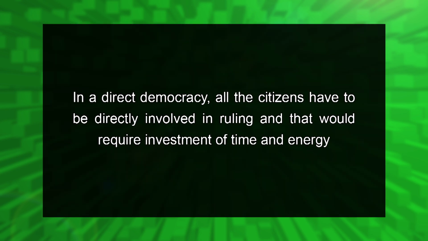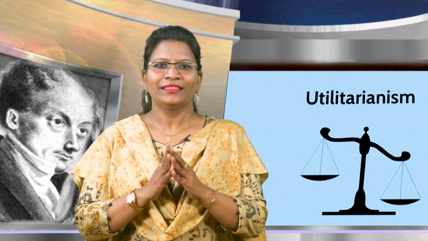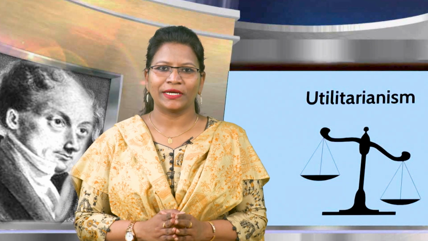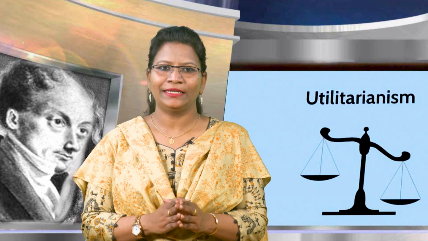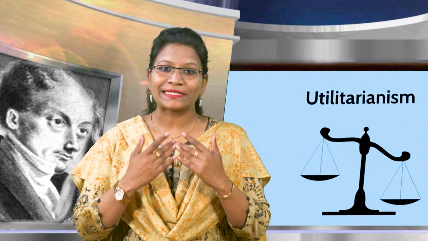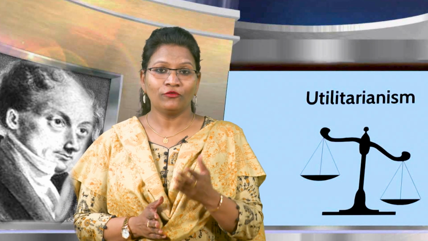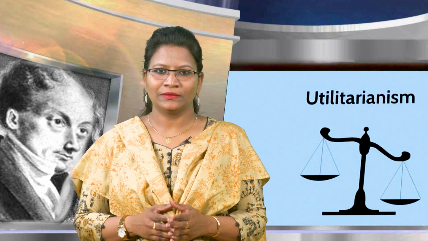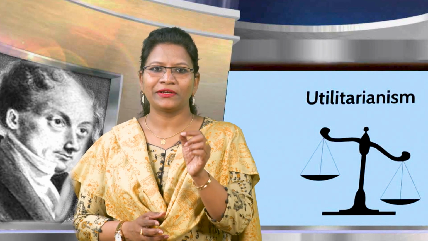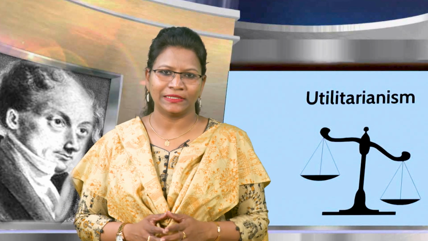This is so because in a direct democracy, all the citizens have to be directly involved in ruling, and that would require investment of time and energy. This time and energy could otherwise have been invested in labor, leading to maximizing happiness for the entire community. For this reason, James Mill finds simple direct democracy unappealing.